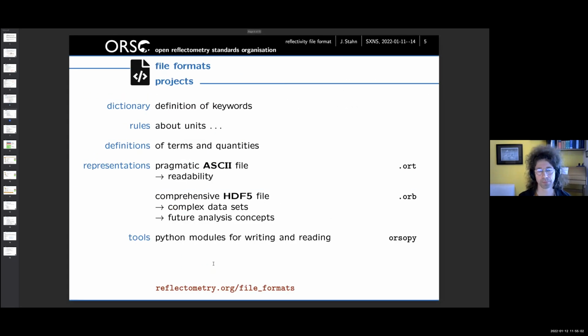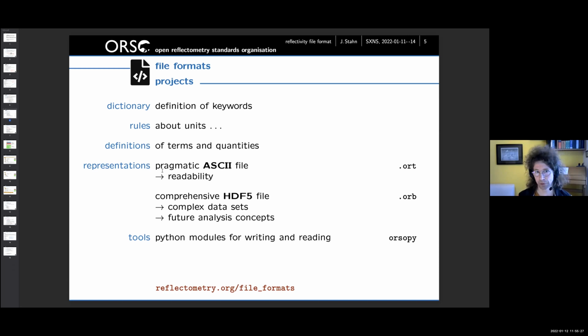And so we have a variety of activities in the file formats project. We define keywords, we define rules of how to define, for example, units. We make a list of definitions and terms: what do we mean by saying a certain term?